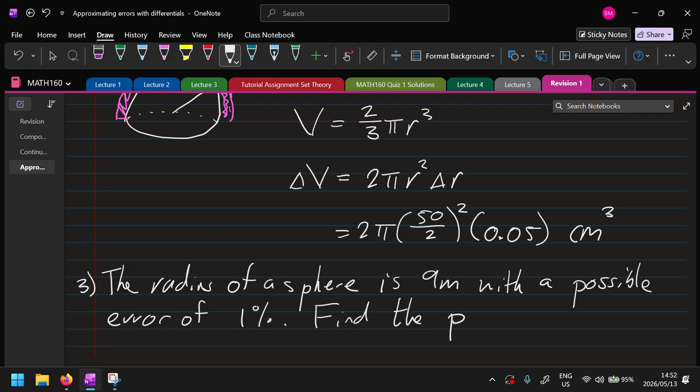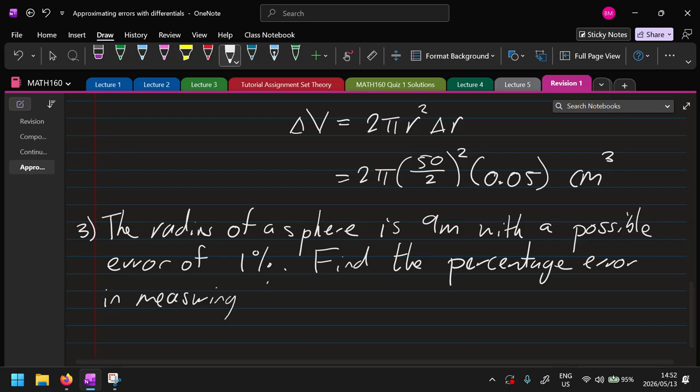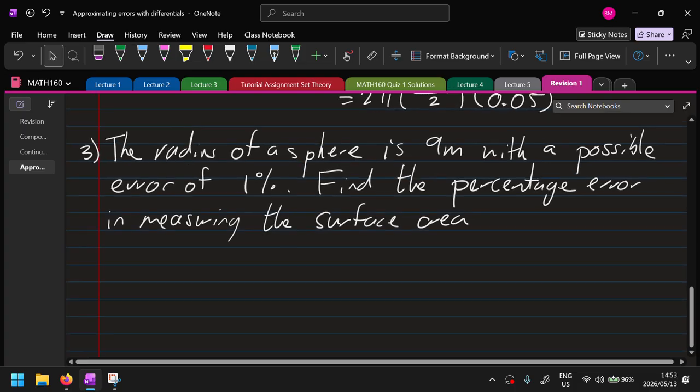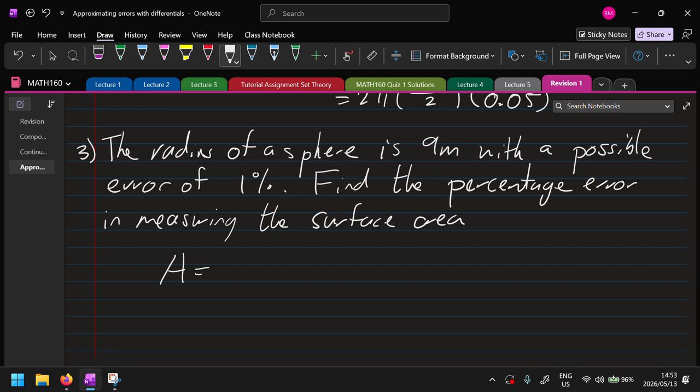Find the percentage error in measuring the surface area. So it's the full sphere that we're looking at, not a hemisphere. So A equals what? 4 pi r squared.